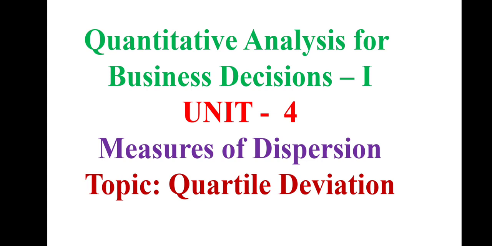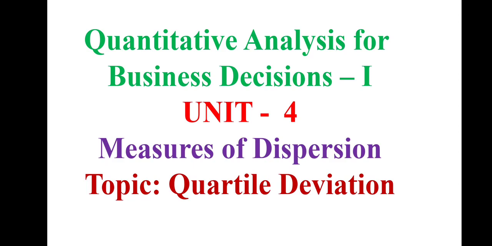Now I am going to explain quartile deviation: meaning, definitions, formula, how to solve the problems, and coefficient of quartile deviation in three different types of series of observation. The three different series of observation are individual series, discrete series, and continuous series of observation.